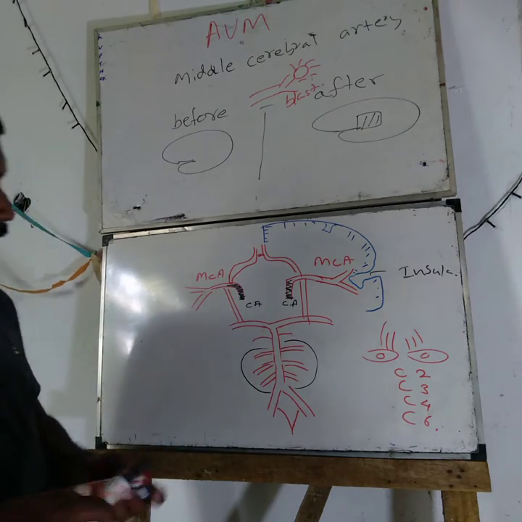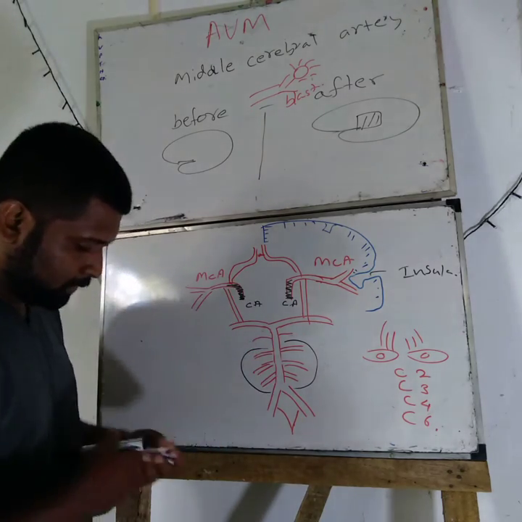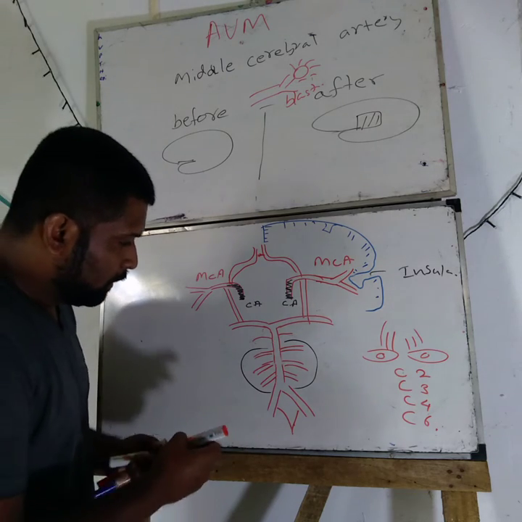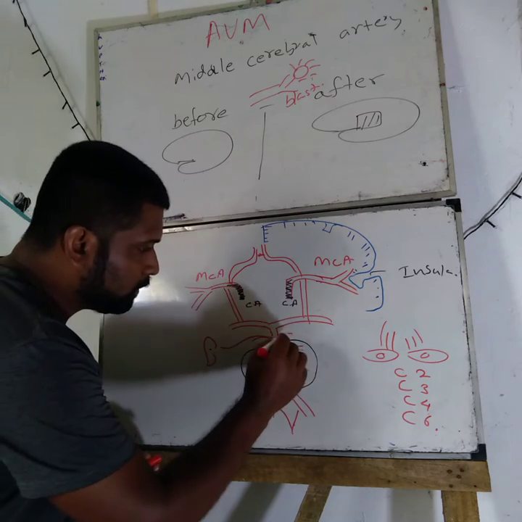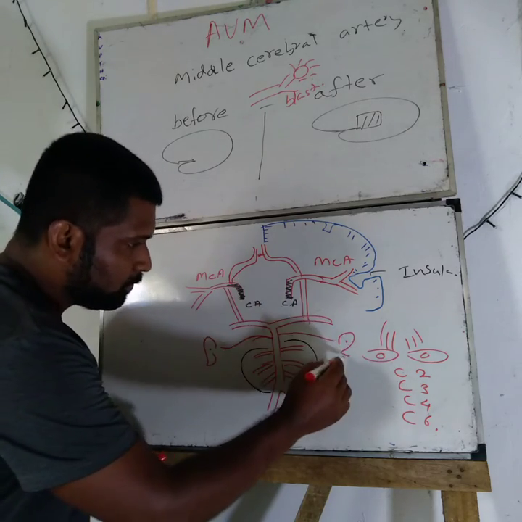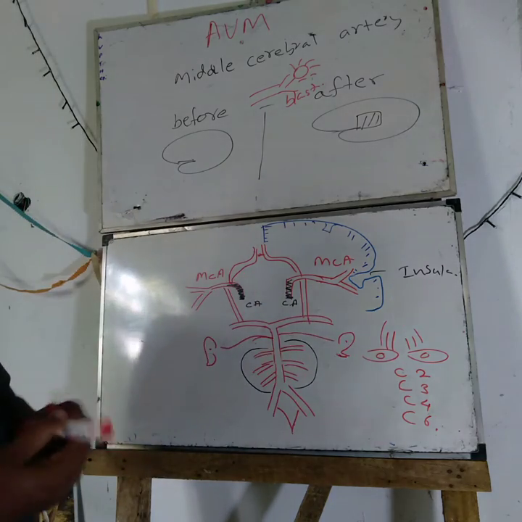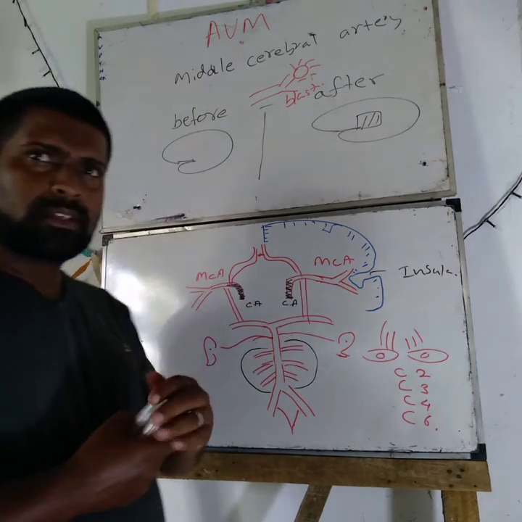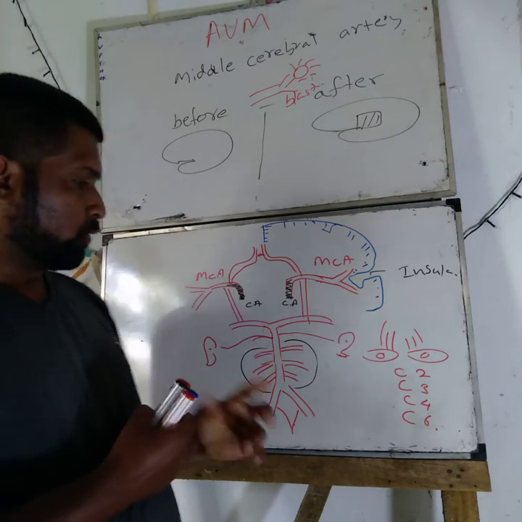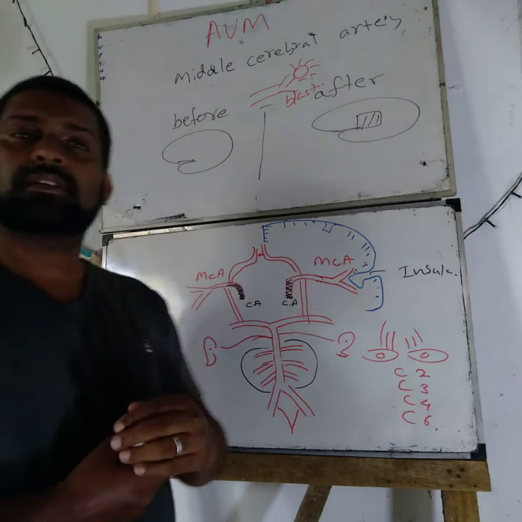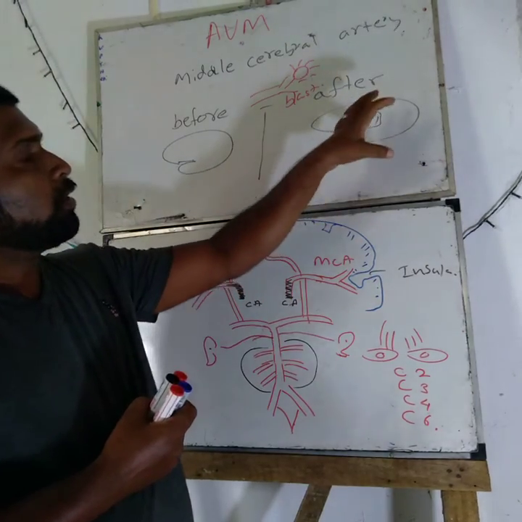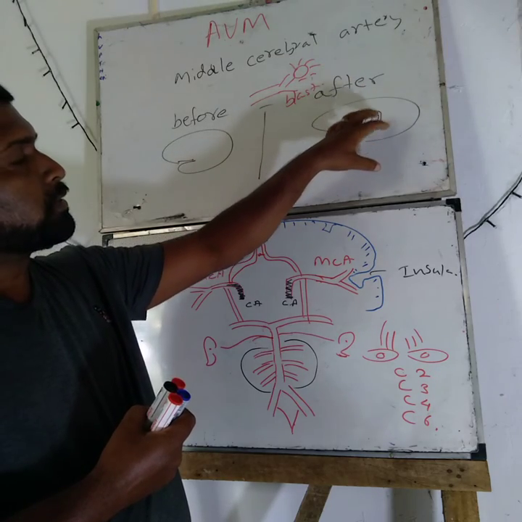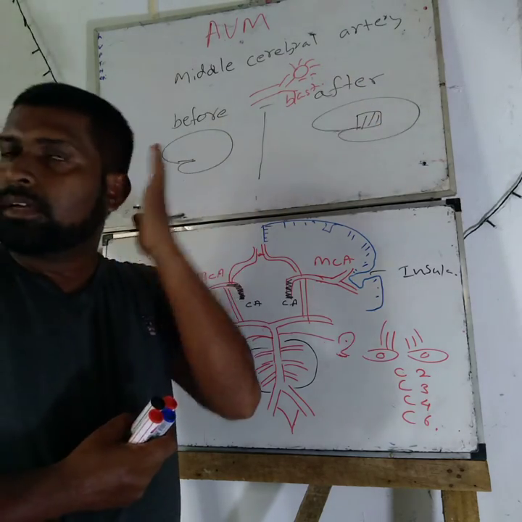This is the labyrinthine artery. These arteries go to the ear sometimes. We can identify some hearing problems also. When this arterial area is damaged, hearing problems can also occur, as with middle cerebral arterial area damage.